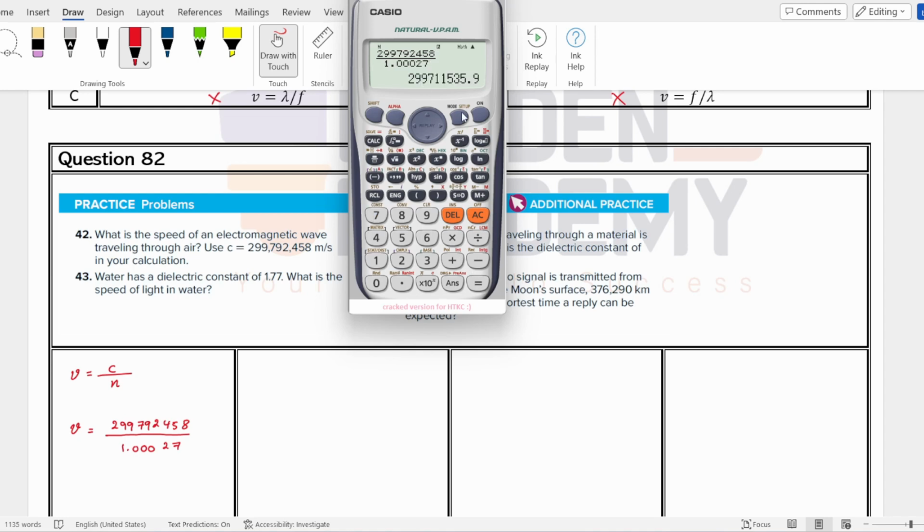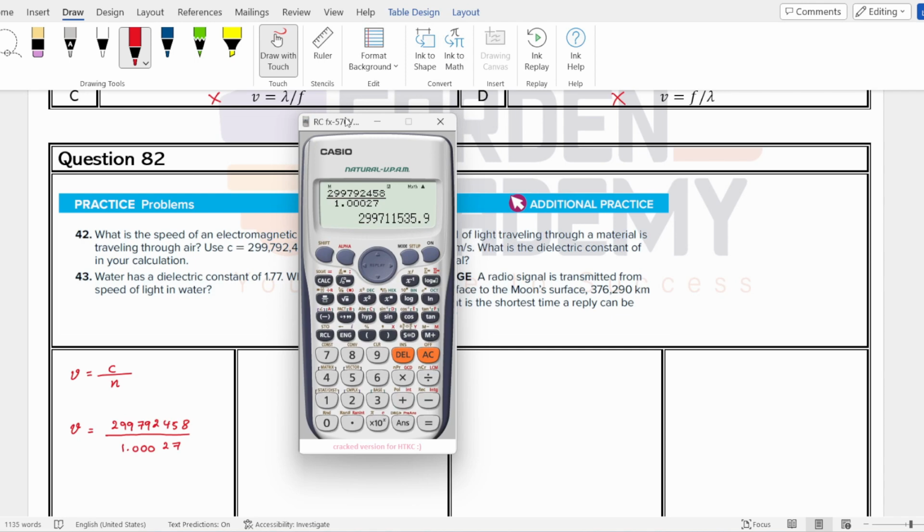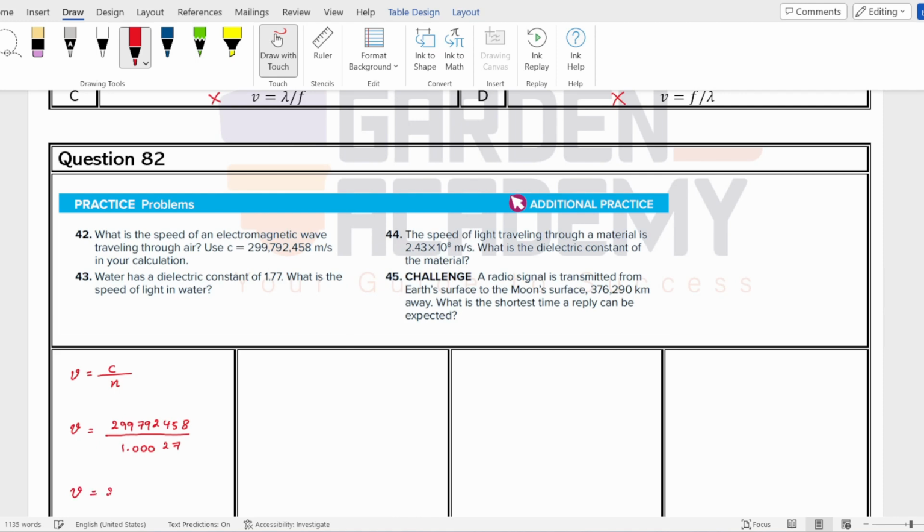And the answer will be, again, a very long number, which is around 2.99. We write it down: 2.9971 times 10 to the power 8. And the unit is meters per second.